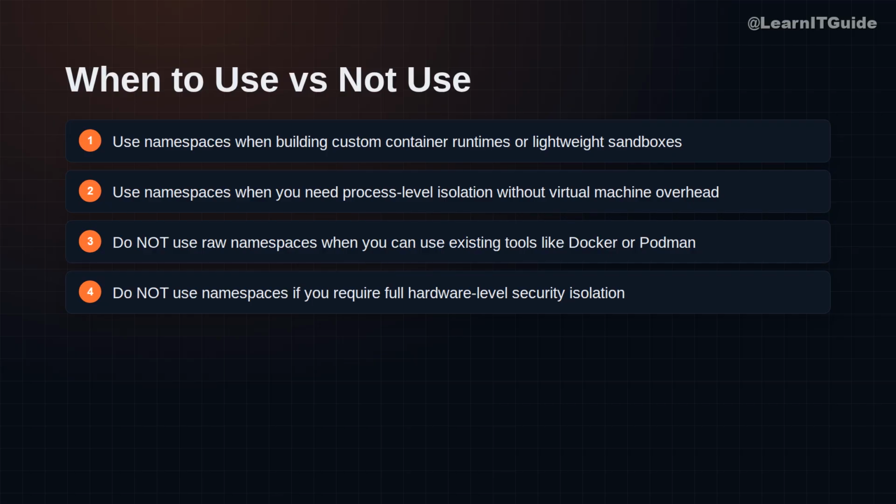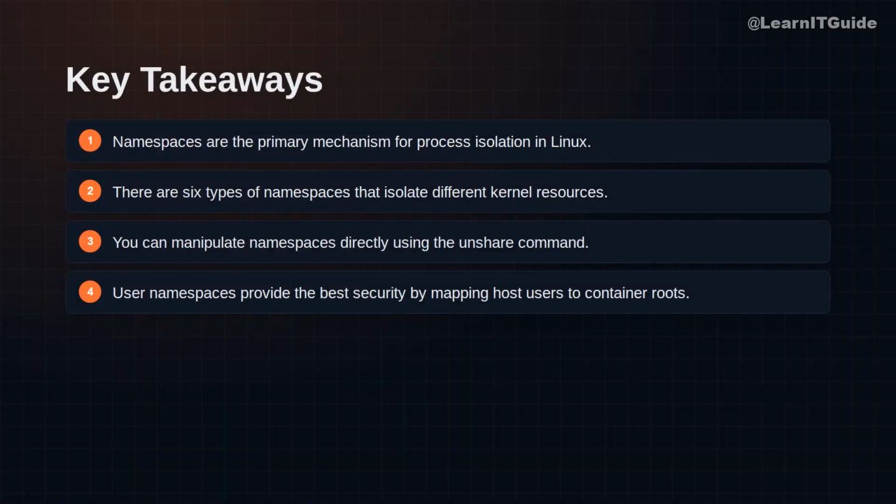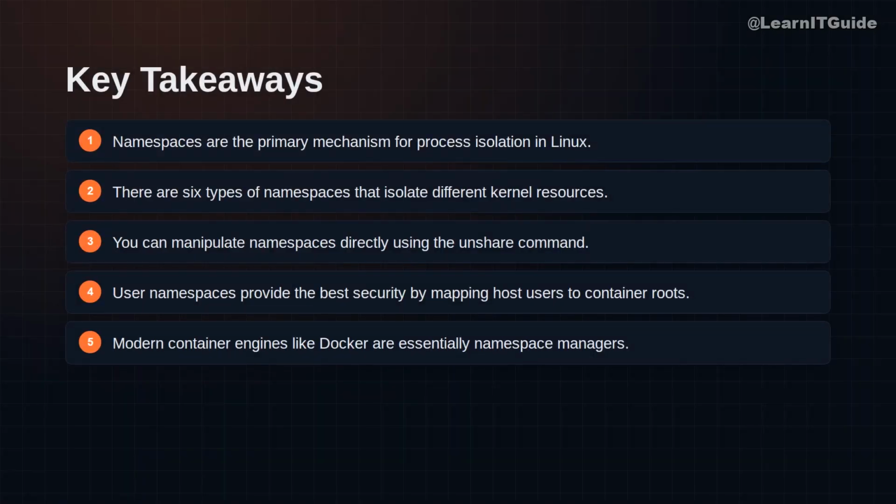Use these criteria to decide if this tool is right for your situation. Namespaces are the primary mechanism for process isolation in Linux. There are 6 types of namespaces that isolate different kernel resources, from the file system to the network stack. You can manipulate these namespaces directly using the unshare command to test isolation.